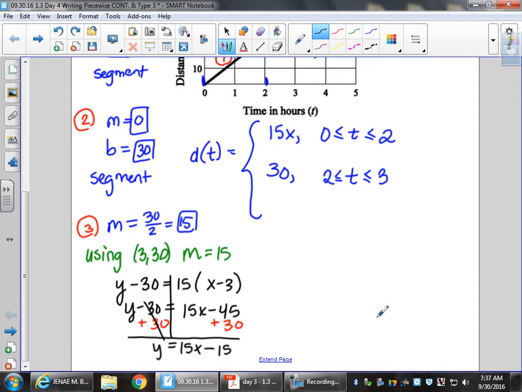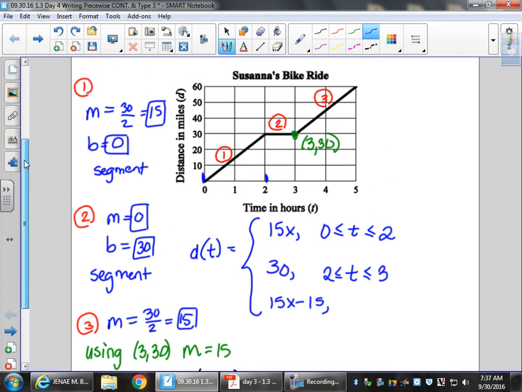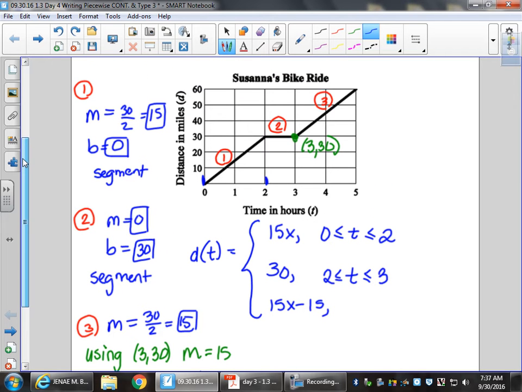Let me know if we match. Awesome. Match. Good. Great job. So our third and final piece, 15x minus 15. From where to where? 3 to 5?